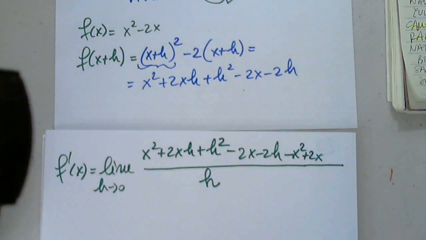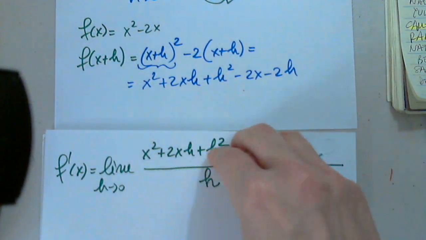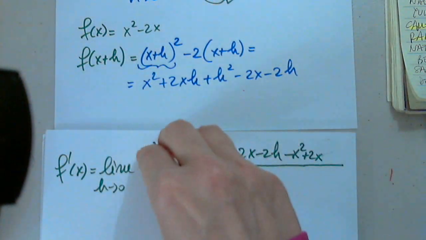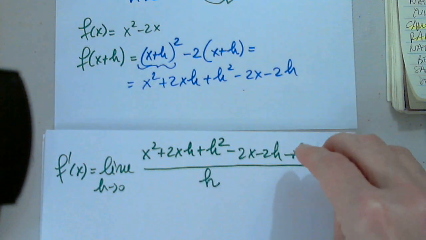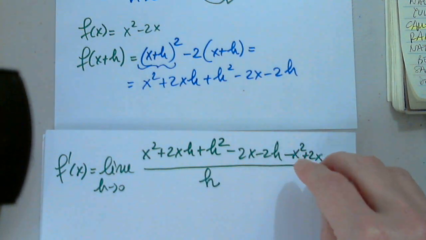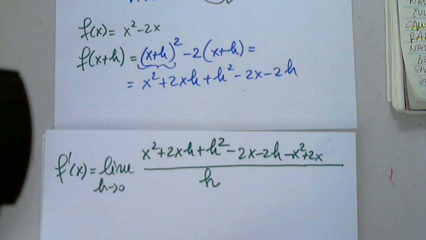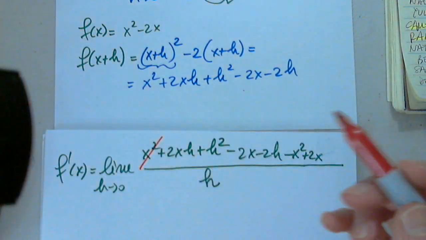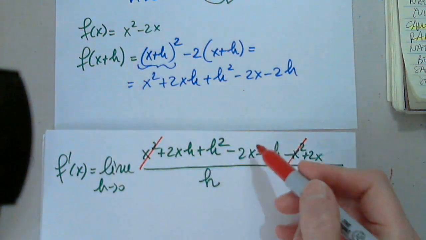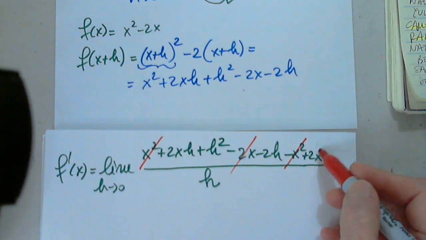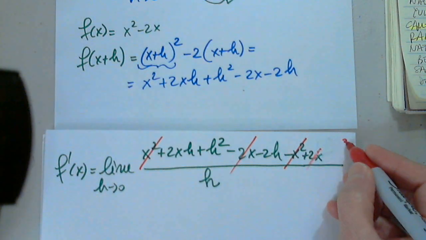And now in order to answer Tariq's question, all terms without h must go away at the top. If they don't go away, I'll say, oops, I have an error. Okay, so x squared goes away? Yes. 2x goes away? Yes, with minus 2x.